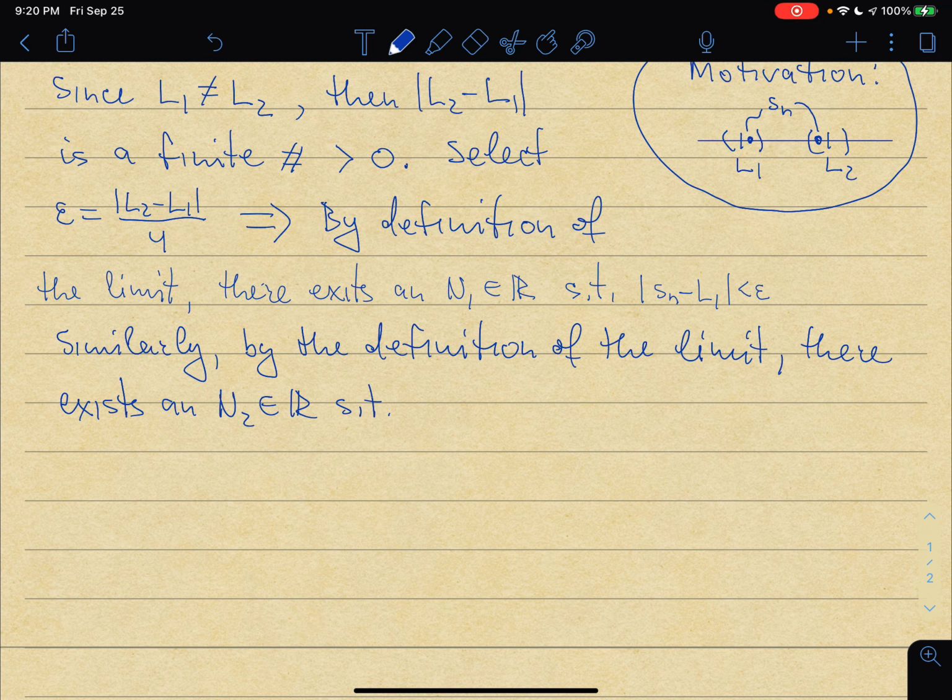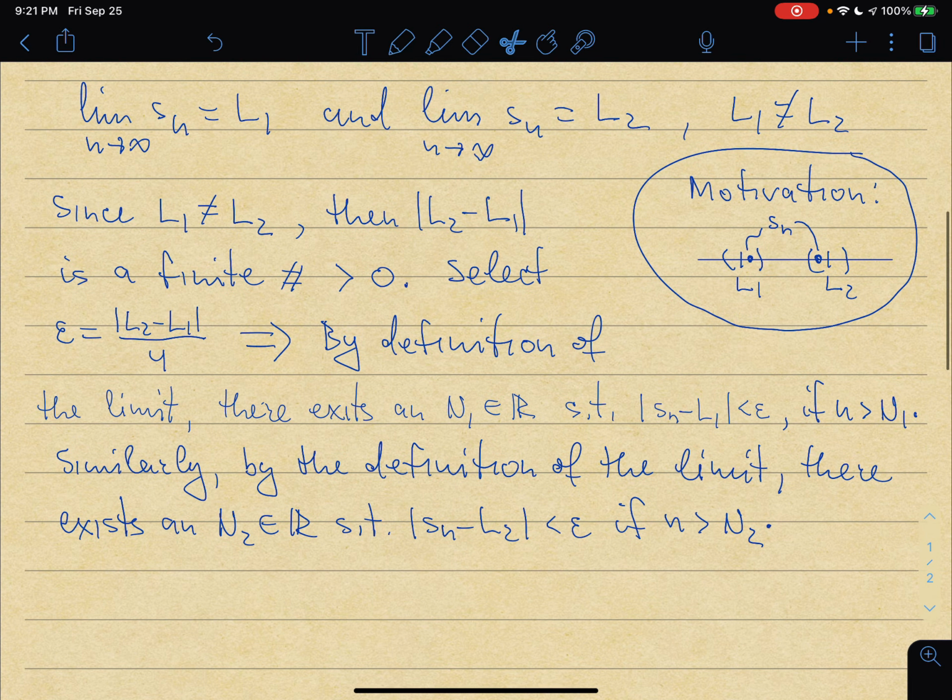Remember, this must be true only if n is greater than n1, such that |Sn - L2| is less than epsilon if n is greater than n2. Right, so I have two limits here.